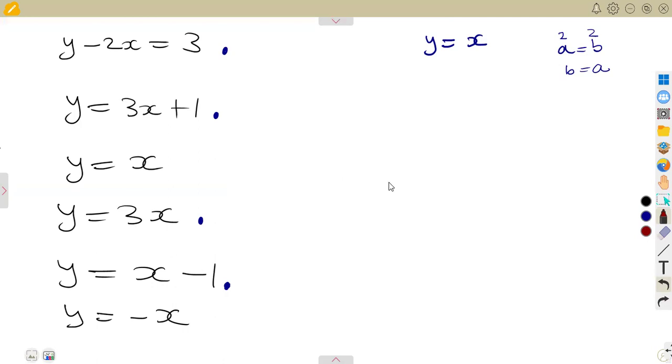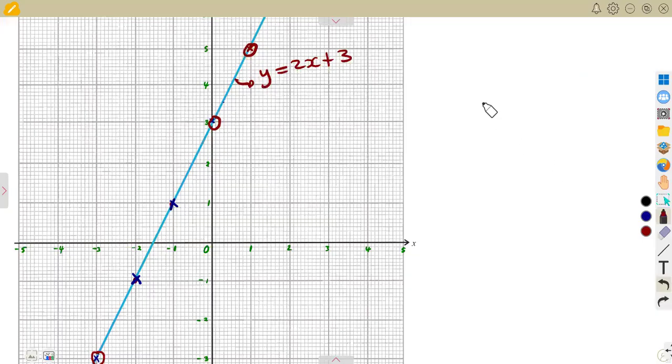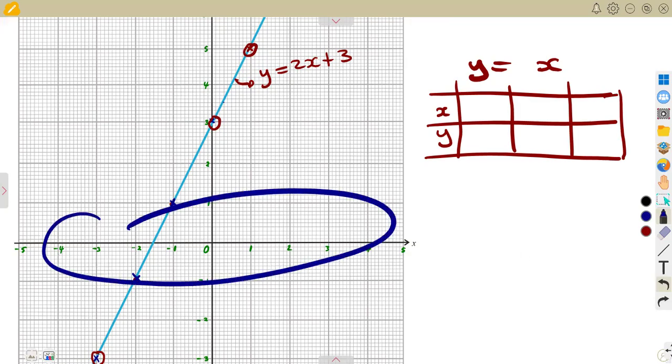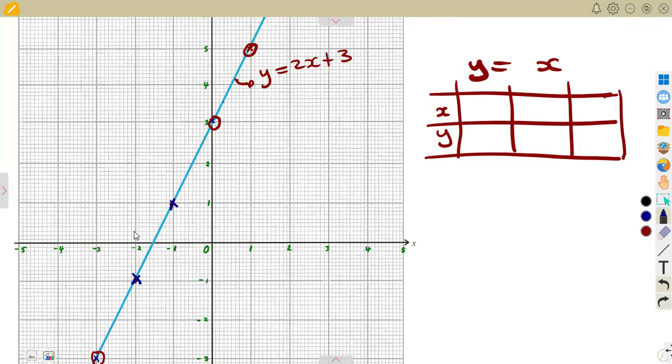So when y is equal to x, y and x are just the same. If you were to have a table of values, this is x, this is y. Remember the x values in a table are of your choice.